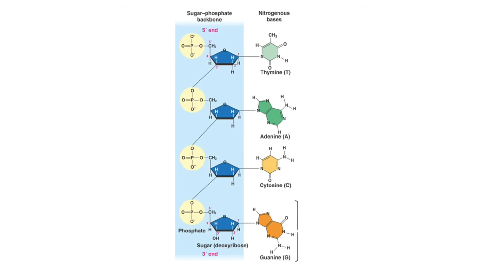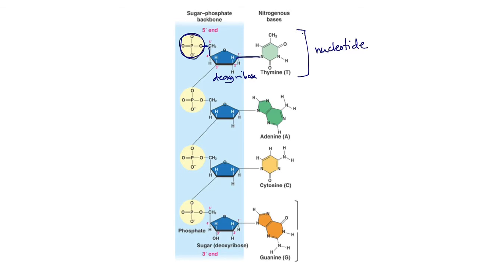So let's look now at how all three of these components come together in a nucleotide. We've got the thymine base attached to the 1' carbon of this deoxyribose sugar. And then the 5' carbon, carbon number 5, is attached to the phosphate group.